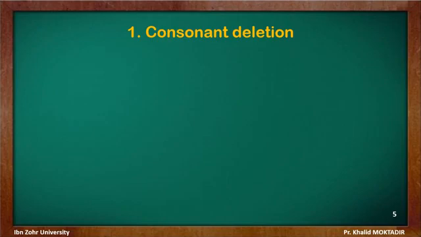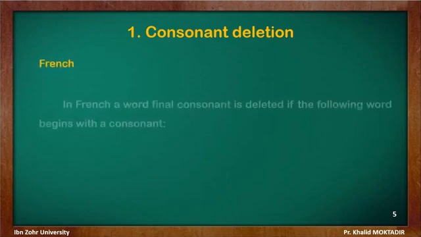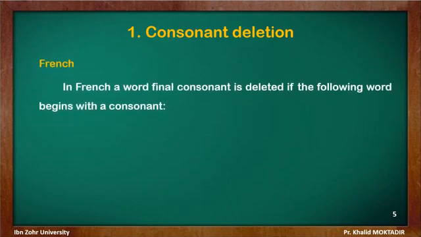Now let's pick up consonant deletion as the first example. We pick up an example from French. In French, a word final consonant is deleted if the following word begins with a consonant. In other words, we have a situation where 2 consonants meet. Example, petit bateau. How is this pronounced?